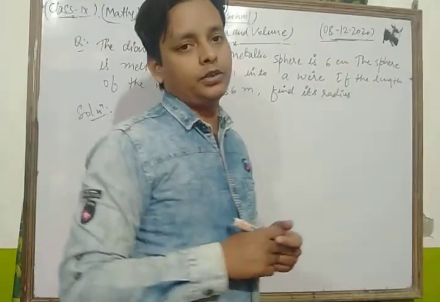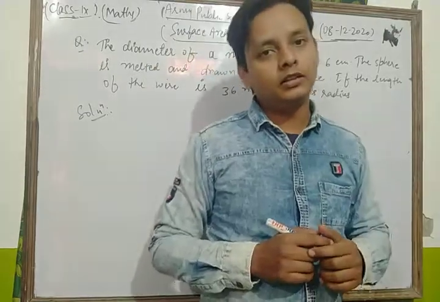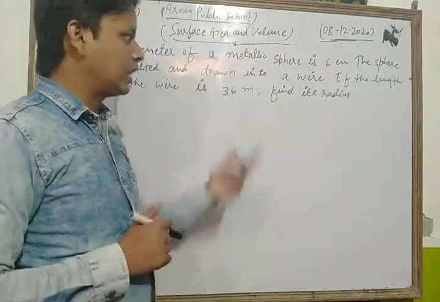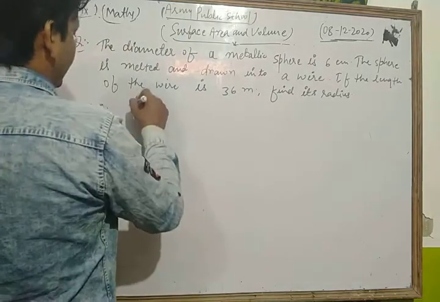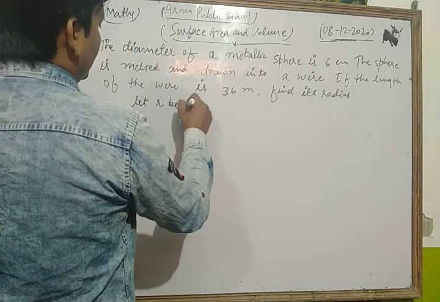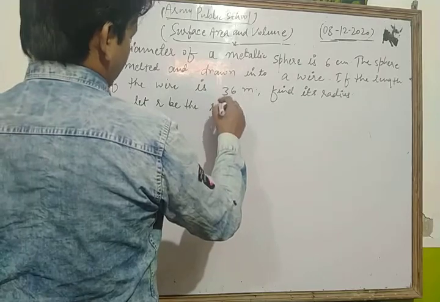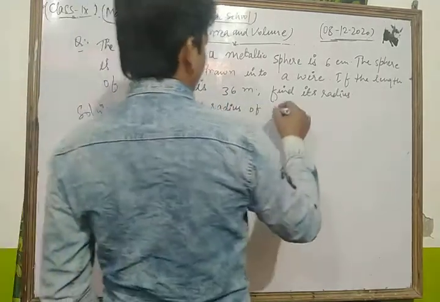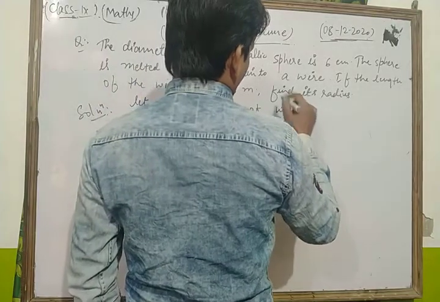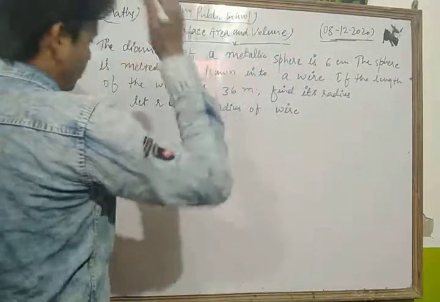The shape of the wire is cylindrical in nature. Now find the radius of the wire. So first of all, let R be the radius of the wire.